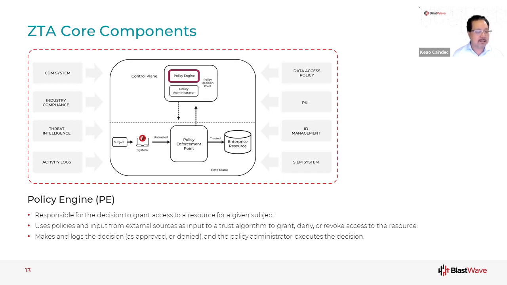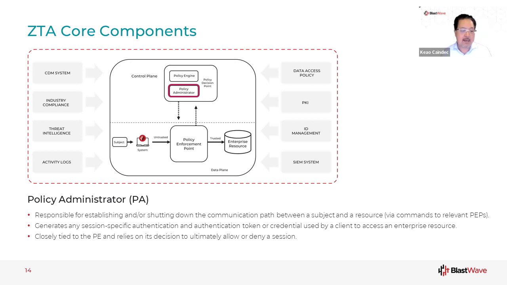A resource, again, is a server, a VM, etc. It's going to use policies, going to have to make decisions using a trust algorithm of some sort, and it's going to make the decision on whether to grant, deny, or revoke access to a resource. It's also going to log every decision that's been approved or denied, and the policy administrator is going to execute that decision. The PA is responsible for shutting down or enabling the communication path.